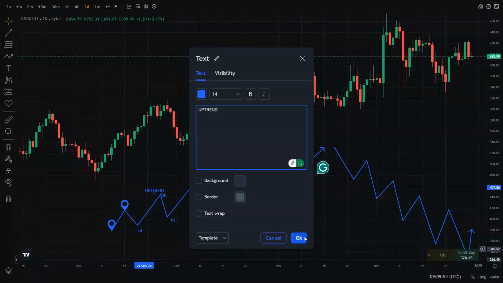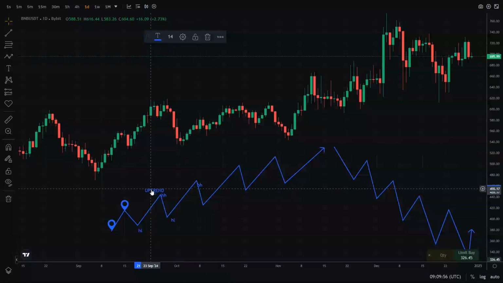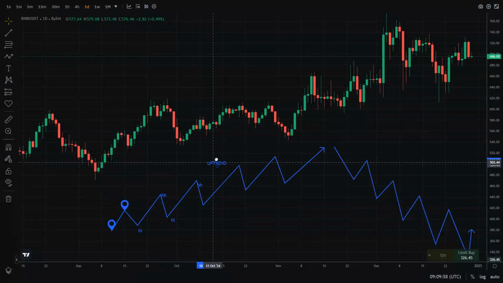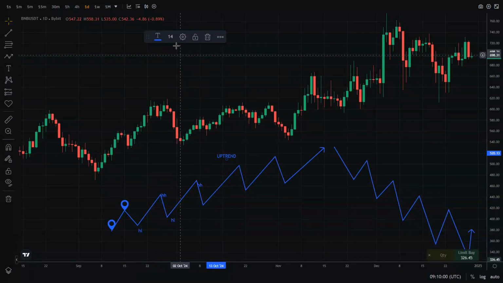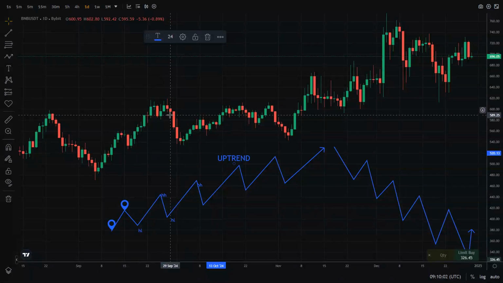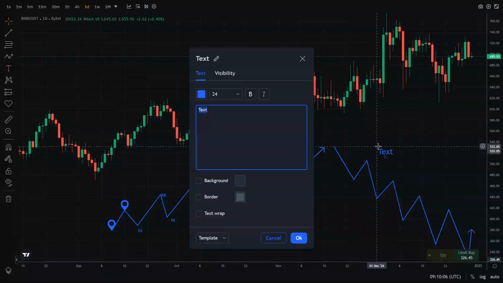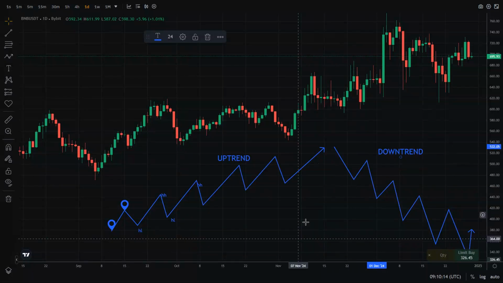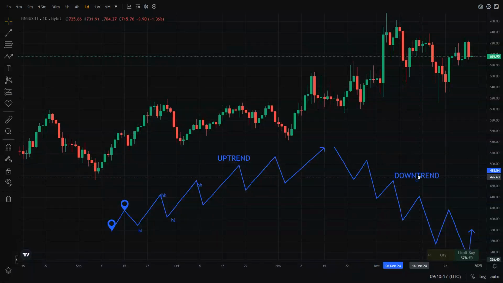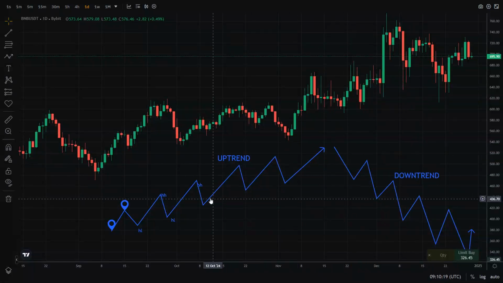This is an uptrend, and this is a downtrend. A downtrend consists of lower high and lower low.